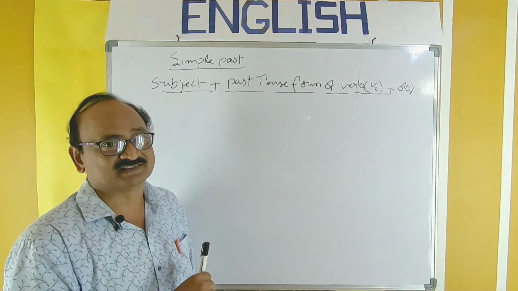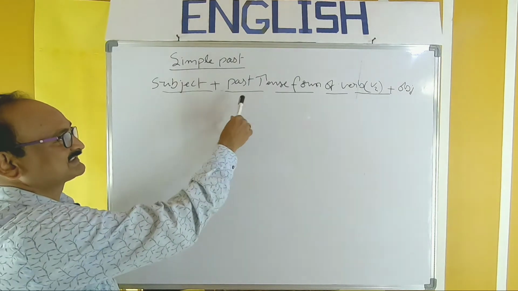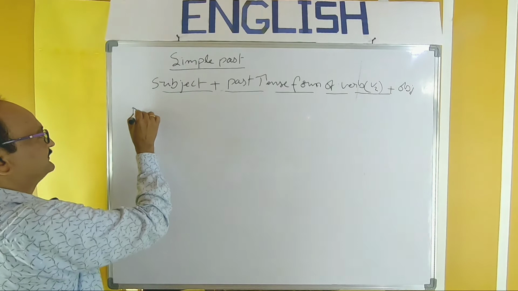Now, the negative form of the simple past. It's also very simple. Remember the affirmative structure: subject, past tense form plus object. Now, the negative form.